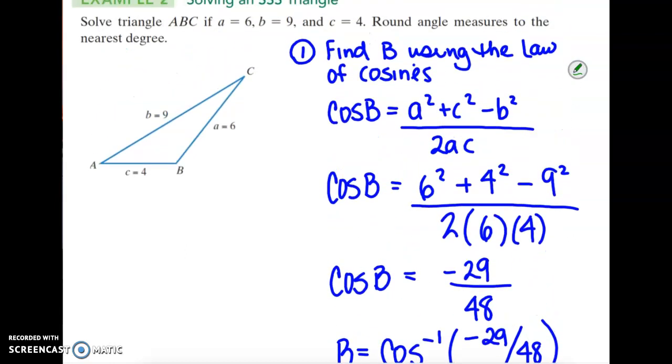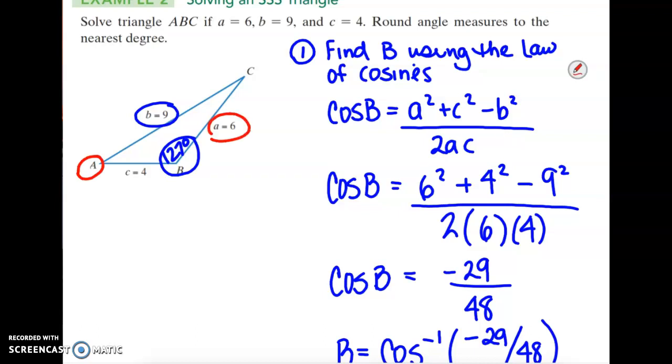I always say it's a good idea to label that 127 degrees. Now we have a pair. We have little b and big B. We're able to now use the law of sines. So to find one of the acute angles, you can either find angle C or angle A. So I'm just going to go and find angle A next. So we're going to work with side A.